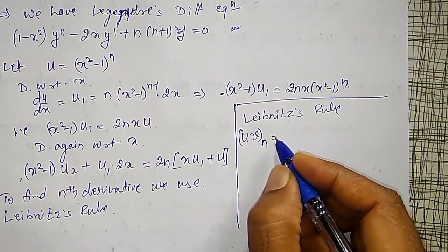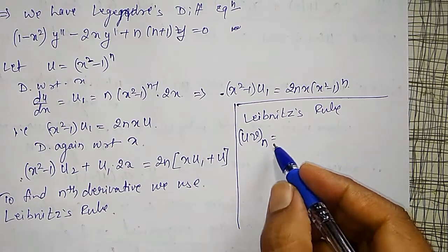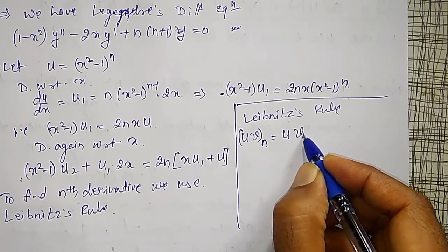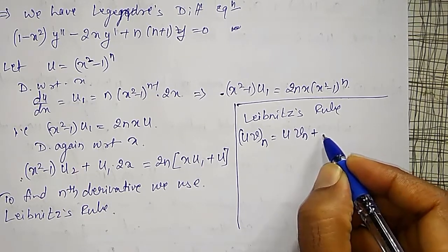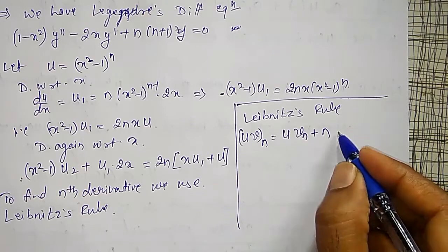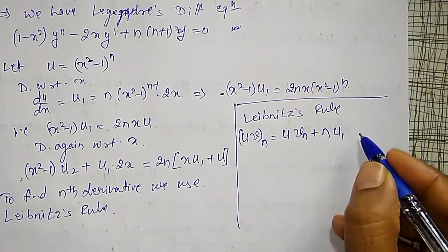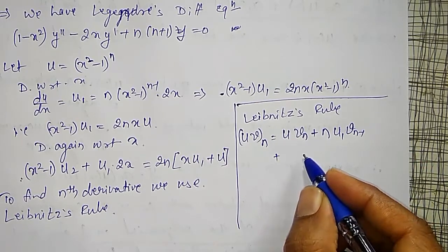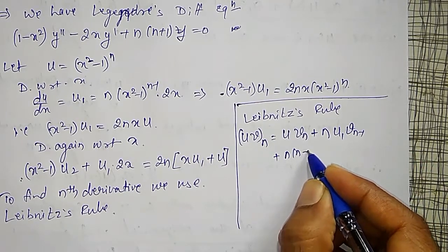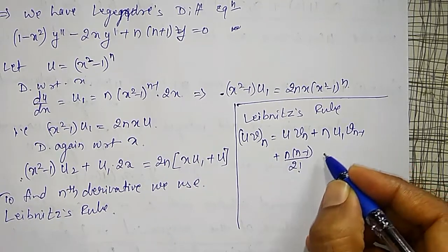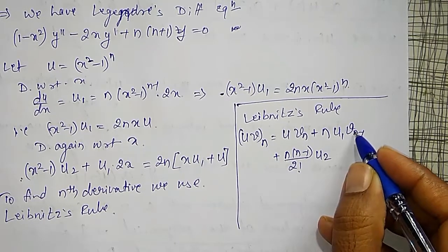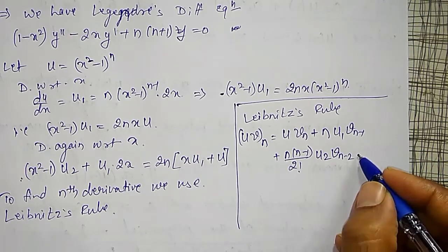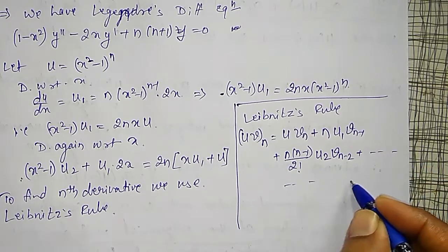For that, I will write the formula directly and use it here. The first term is as it is, with the nth derivative of the second term, plus n into the first derivative of the first term and the n minus 1th derivative of the second term, plus n(n minus 1) divided by 2 factorial into the second derivative of the first term and the n minus 2th derivative of the second term, plus so on it continues.